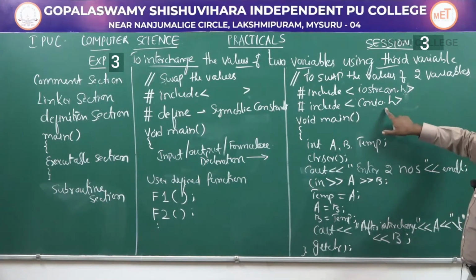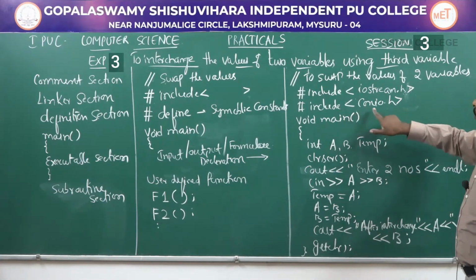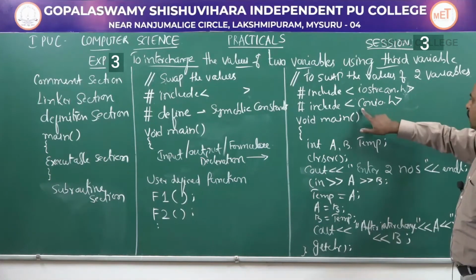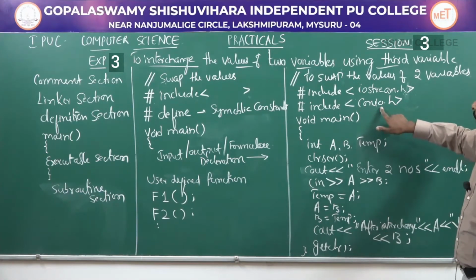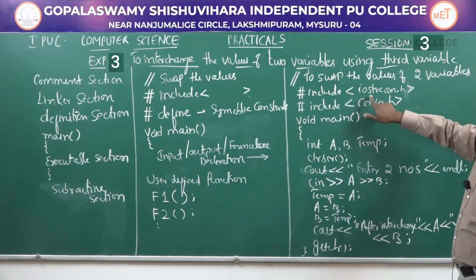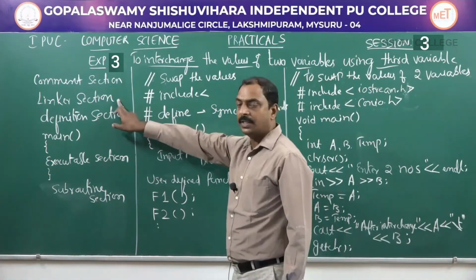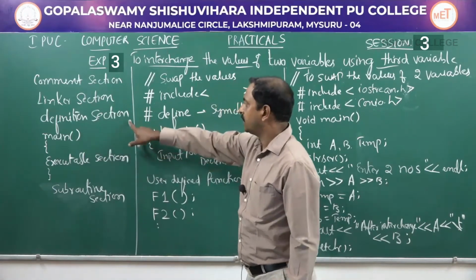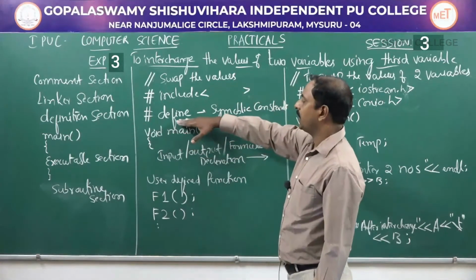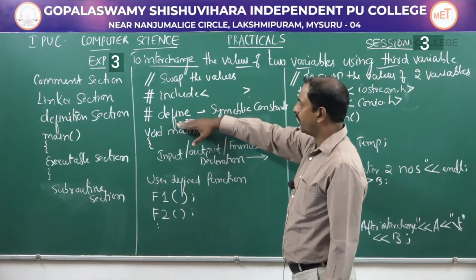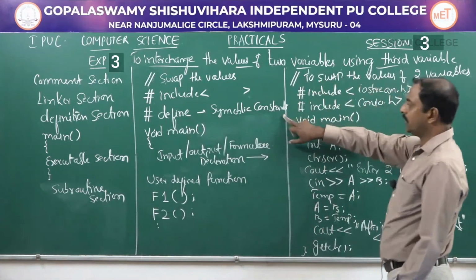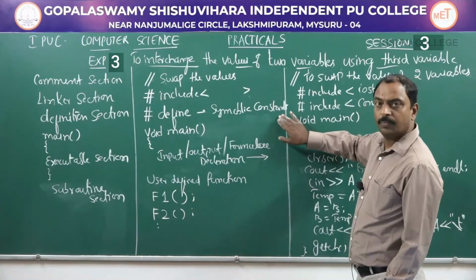Similarly, another header file is hash include conio.h. This stands for console input output, and this is called the input output stream. So this is the linker section. Next, the definition section, the place where we can define the symbolic constants we may have to use in our program.